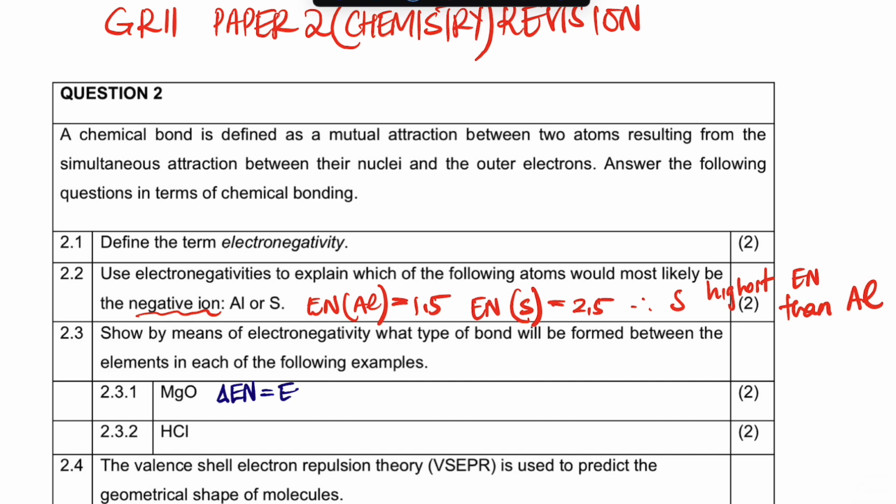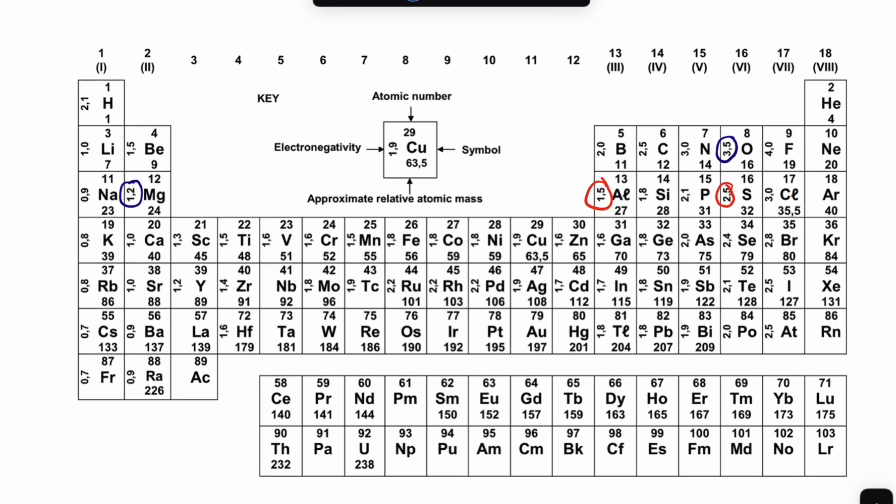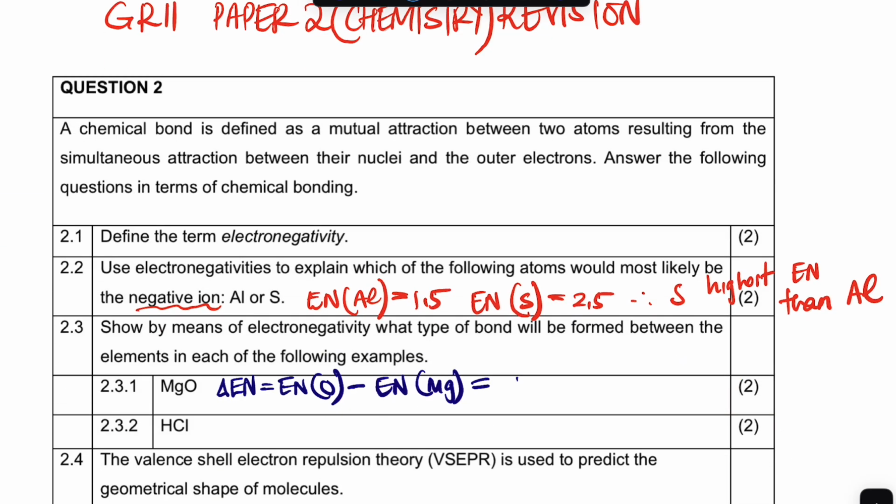It's the electronegativity of oxygen, because it's bigger, minus the electronegativity of magnesium. It's 3.5 minus 1.2, which is 2.3.